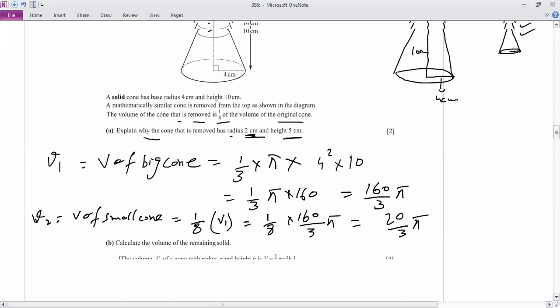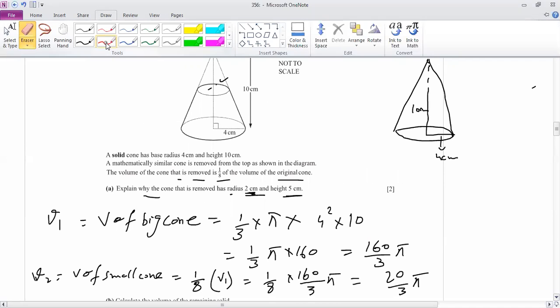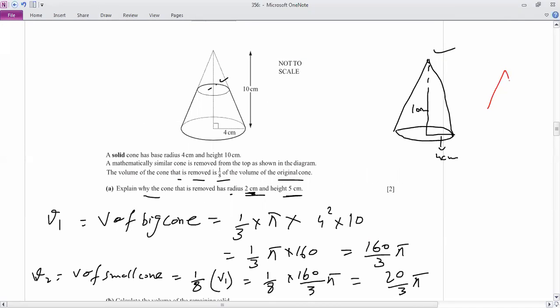If the cones are mathematically similar, just for a while, have a look here. Mathematically similar means the ratio of the volume will be equal to that we can use. Let me say its radius is r, its radius is 4, and its height is h.